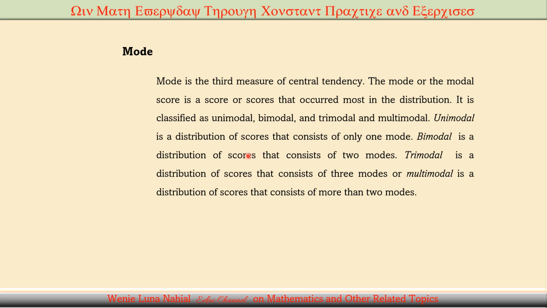Bimodal is a distribution of scores that consists of two modes. Trimodal is a distribution of scores that consists of three modes, or multimodal is a distribution of scores that consists of more than two modes.